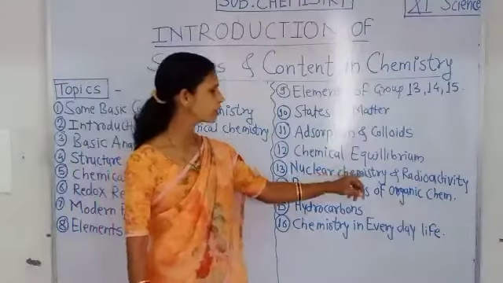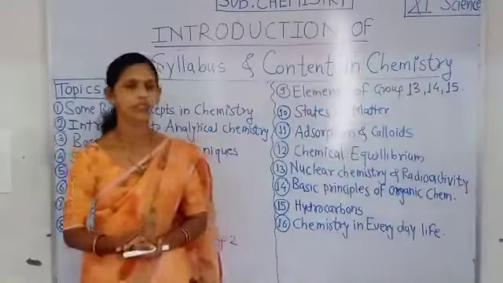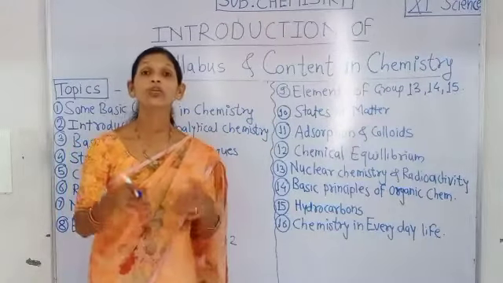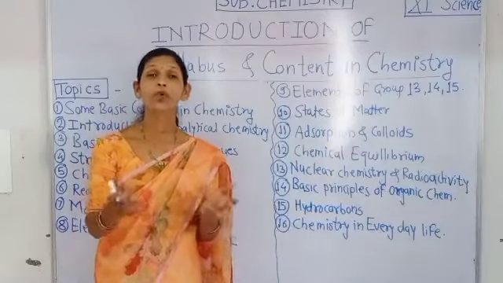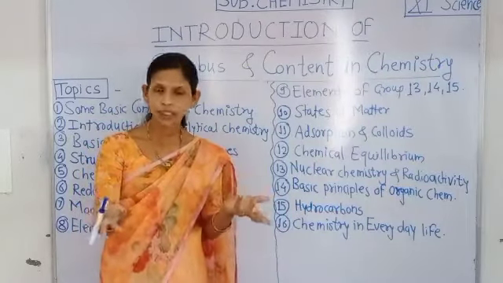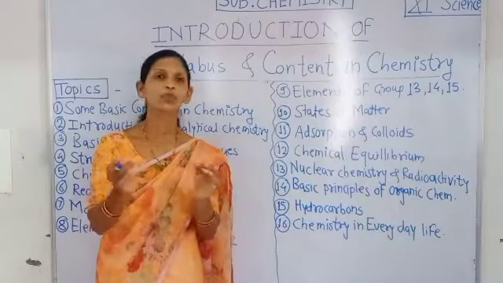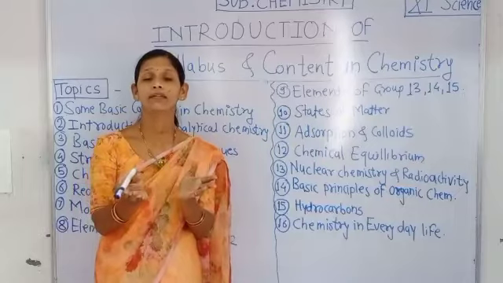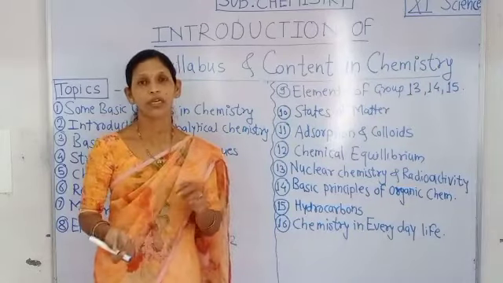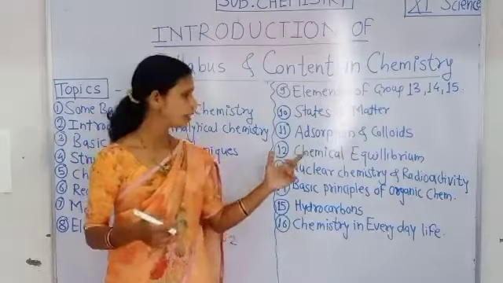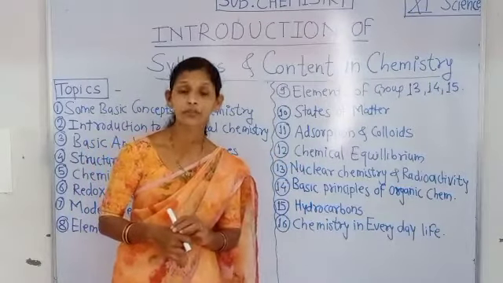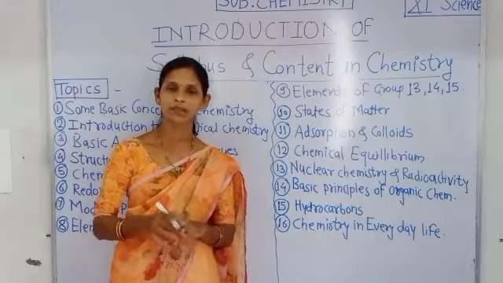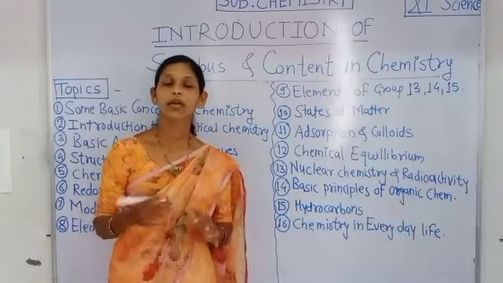As well as nuclear chemistry and radioactivity. See here, in this chapter we will discuss nuclear fission, that is explosion. When a bomb explosion takes place, the atom gets split and the explosion takes place. It is because of nuclear fission. We will also discuss the properties of radioactive substances, which all of you are aware of, that is uranium, radium.